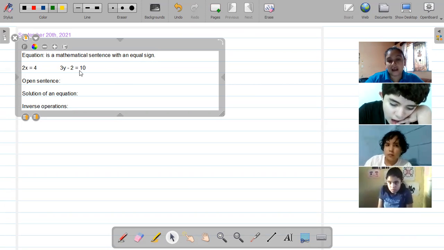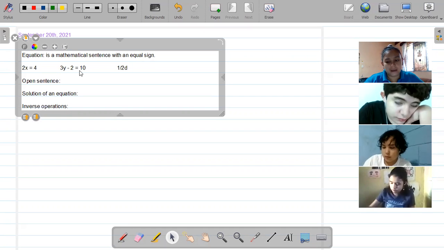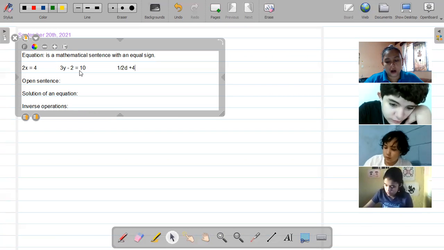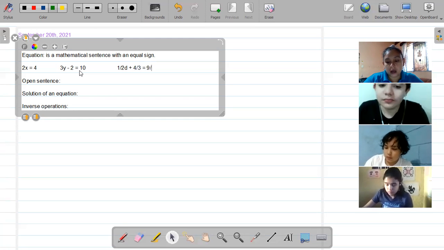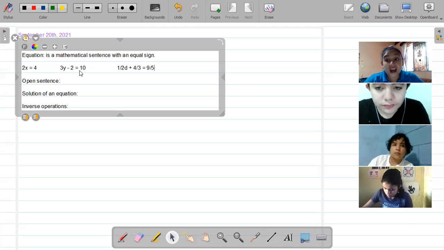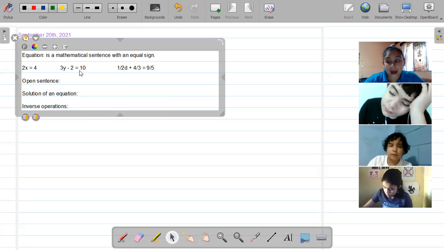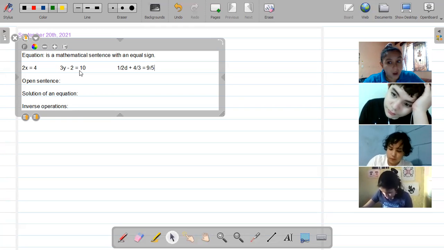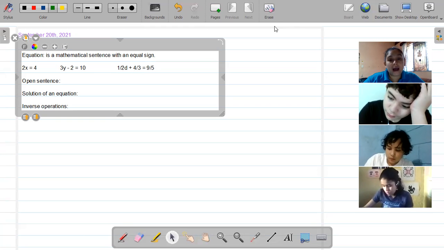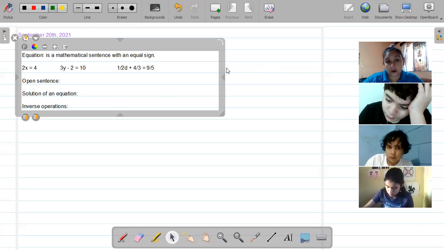Now let's say that it can have fractions. Yes, of course it can. It could be 1/2 of d plus 4/3 is equal to 9/5. And you're going to have to do something more in there because you have to apply a property of fractions, which you know as the happy face or the butterfly method.